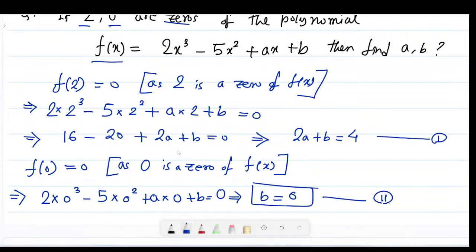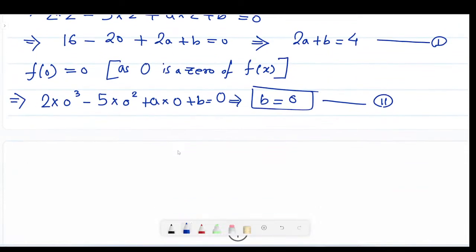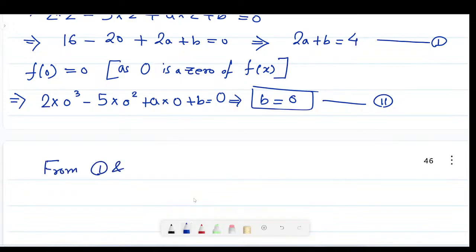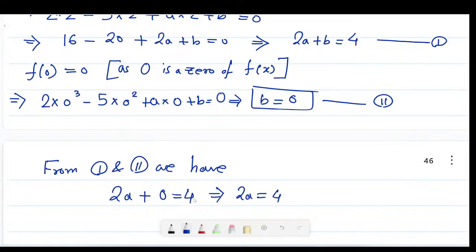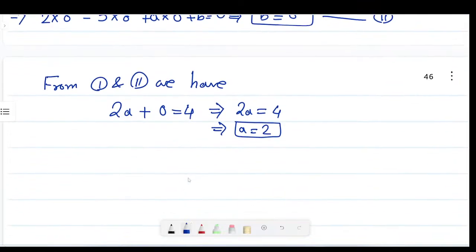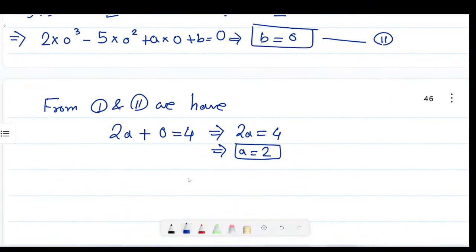So here I am getting that b equals 0, and from 1 and 2 we have that 2a plus 0 equals 4, implies 2a equals 4, and a will be 2. So a is 2 and b is 0.